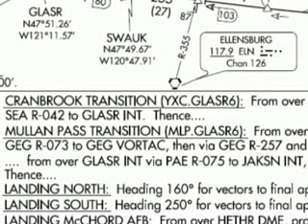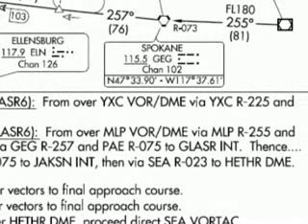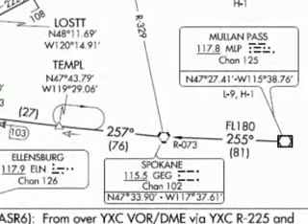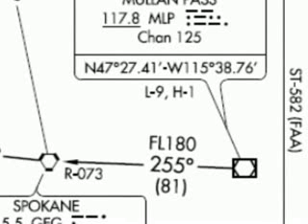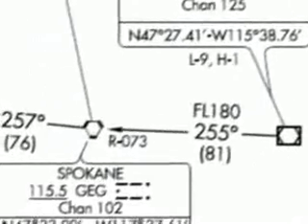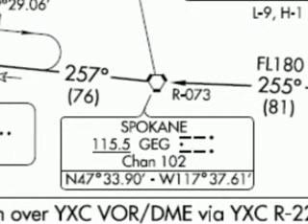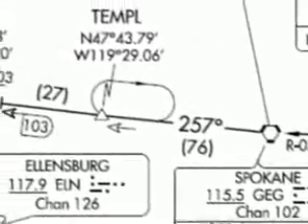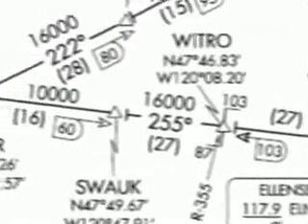We look at the Mullan Transition because that's the first VOR on a flight plan. So from MLP VOR via the MLP 255 radial and a GEG 73 radial to GEG, then via GEG 257 and PAE 075 to Glasser.